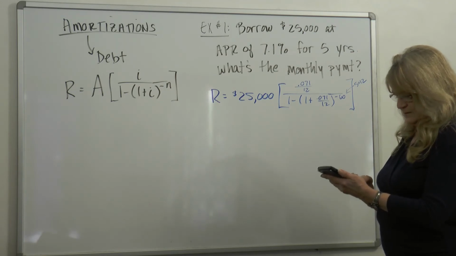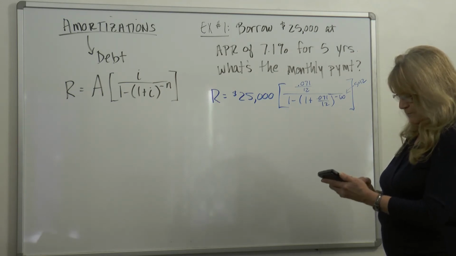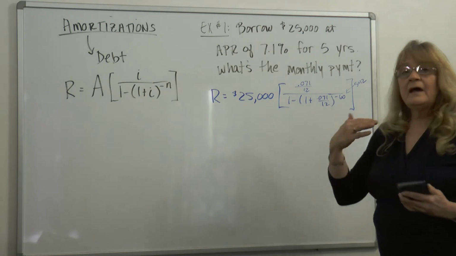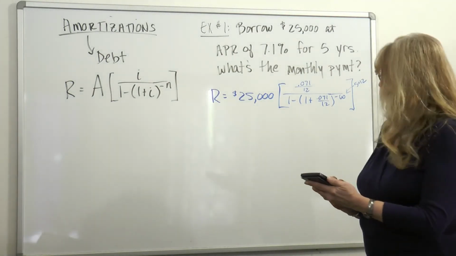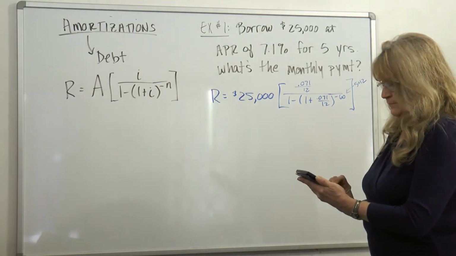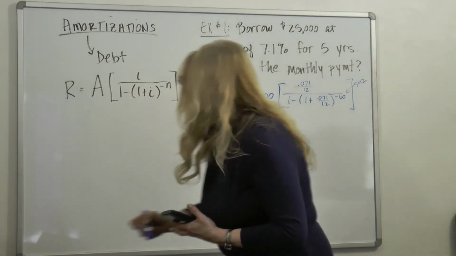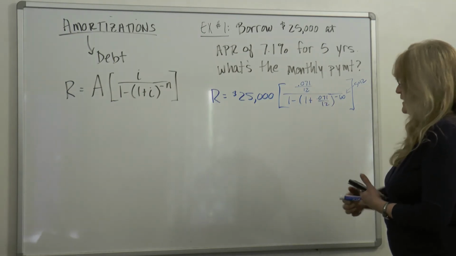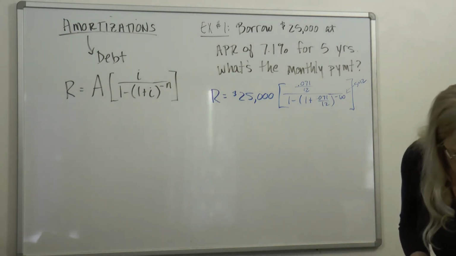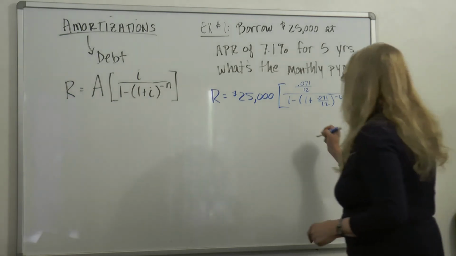So 0.071 divided by 12 equals. Again, you're going to get scientific notation, which sucks. So add 1 to it. Then it takes it out of scientific notation. And by adding 1 to it, I get this whole value here. It's 1.0059.